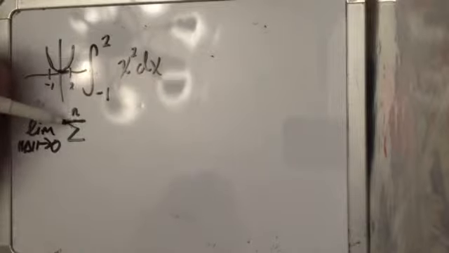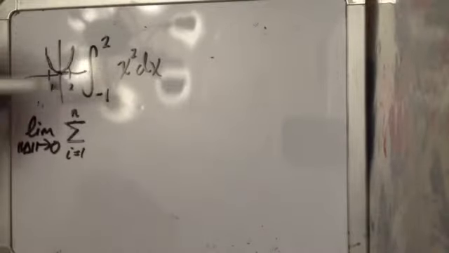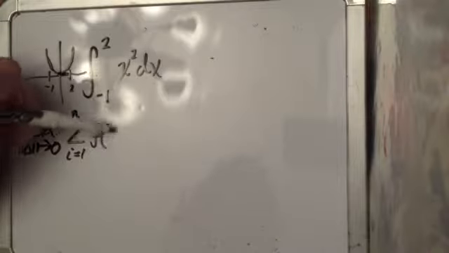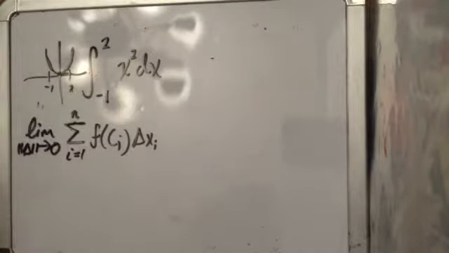We don't know what n is, so we don't know the subintervals, which is n, and i starts at 1, as always, by the definition. We don't know what c sub i is yet, and we don't know what the change in x is either.